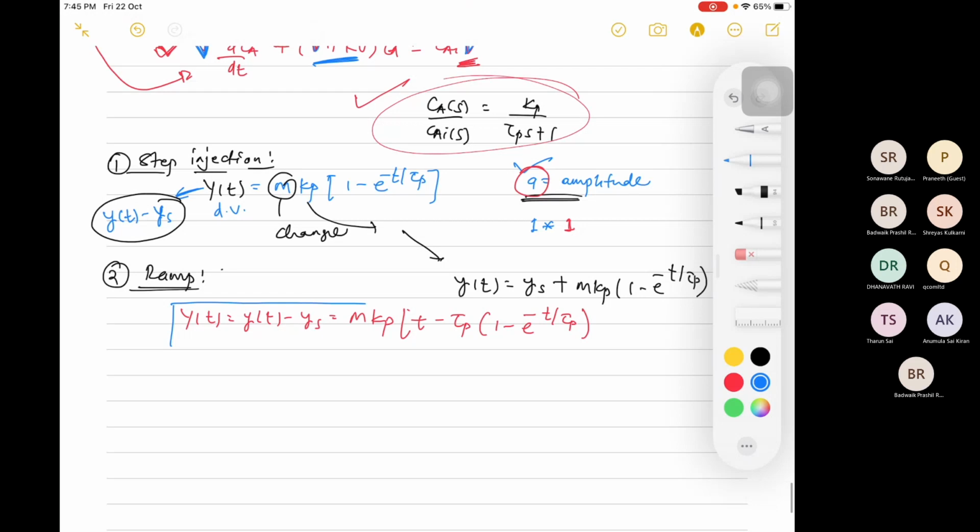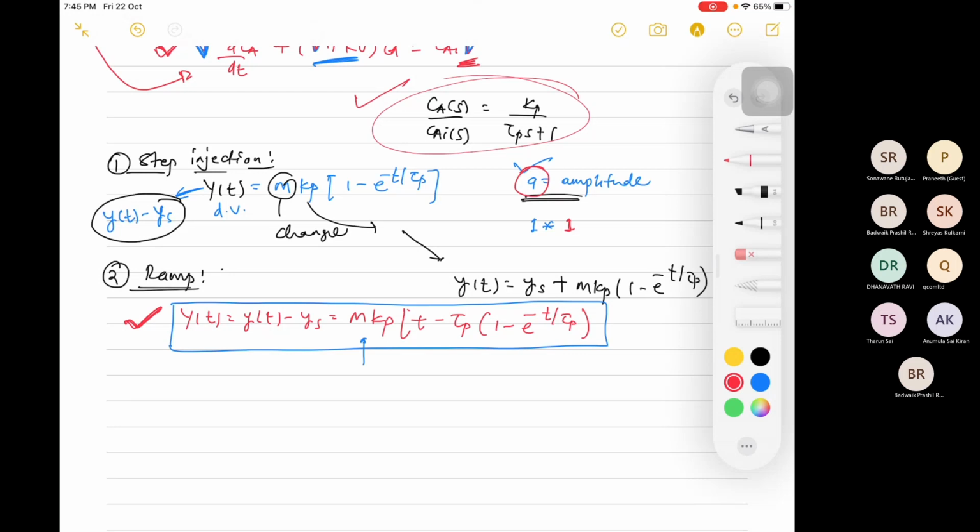Did you derive ramp in class? Yes, sir. So you will find this form only. M Kp t minus tau p. From the GATE point of view, don't go by class notes. Go by this M Kp formula, because in the GATE exam there will not always be a liquid level tank. There might be a thermometer, a concentration balance, or a composition balance, anything.